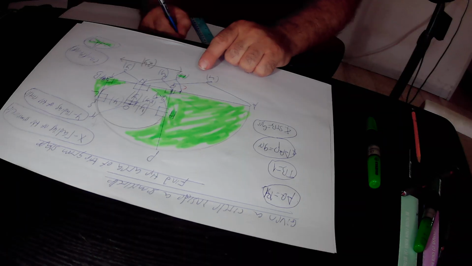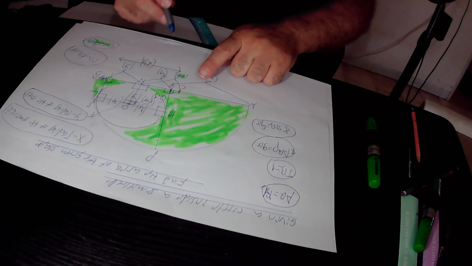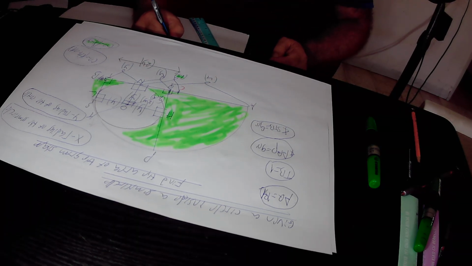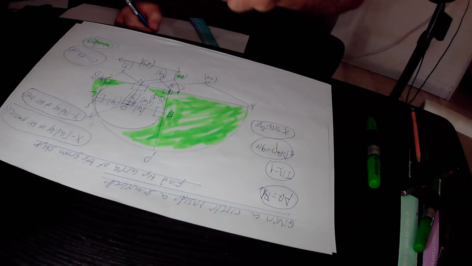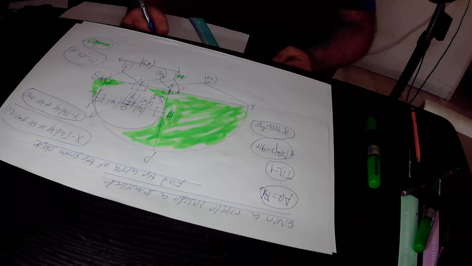CN equals 1.5 units in length. We just found out that CO equals 2.5 units in length. ON is the radius of the small circle, which equals y.